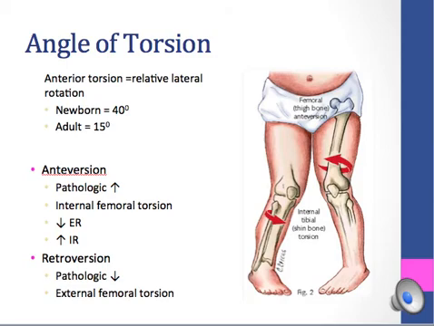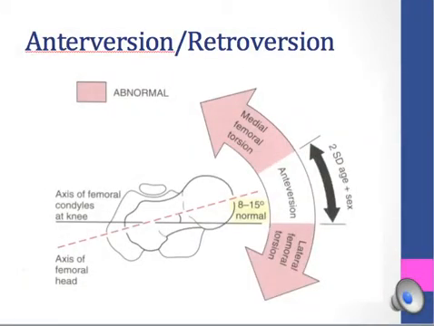Let's go to the next slide, because I think it's a really nice picture to see what we would consider normal movement or normal angle of torsion versus where we start to get into some abnormal movement. So normal is that 8 to 15 degrees.